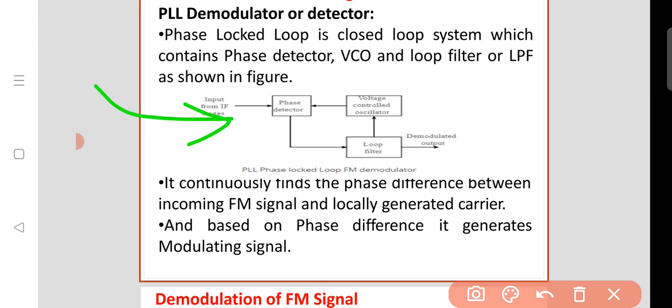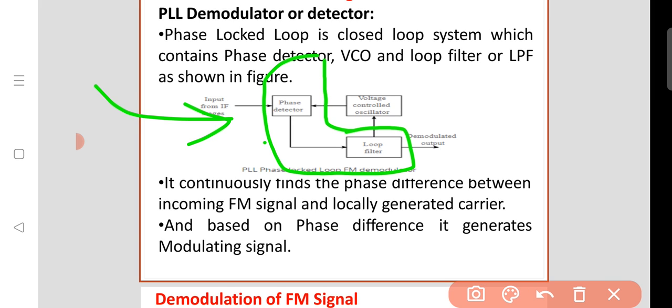This phase detector consists of two parts, these two are called the phase comparator.